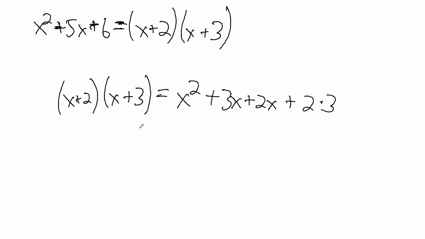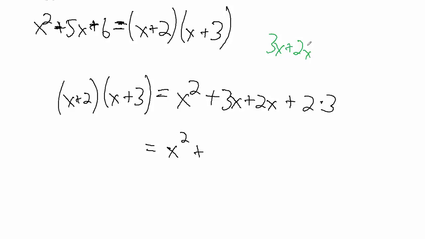So I want to simplify this, but not quite in the standard way. I want to simplify this in a way that sort of illuminates what we're talking about here. So 3x plus 2x, let's take that off to the side here before we come back here. Now, yeah, that simplifies to 5x, but I don't quite want to use that fact yet. What I want to do is write that in a different way that's more useful to us for our purposes right now.